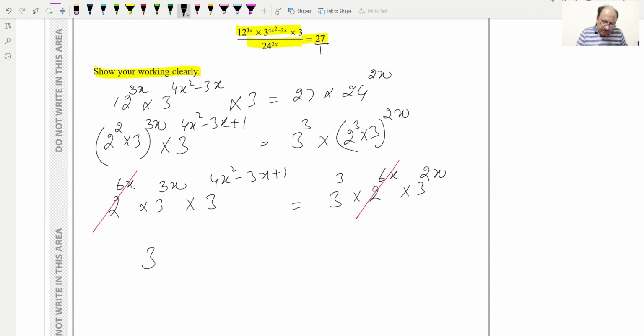This is a little tricky indices question. So plus 4x squared minus 3x plus 1, and this side will be equal to 3 raised to 3 plus 2x.